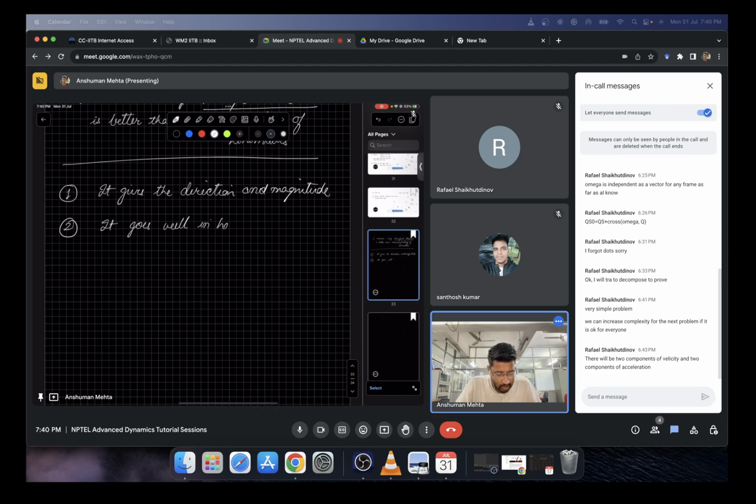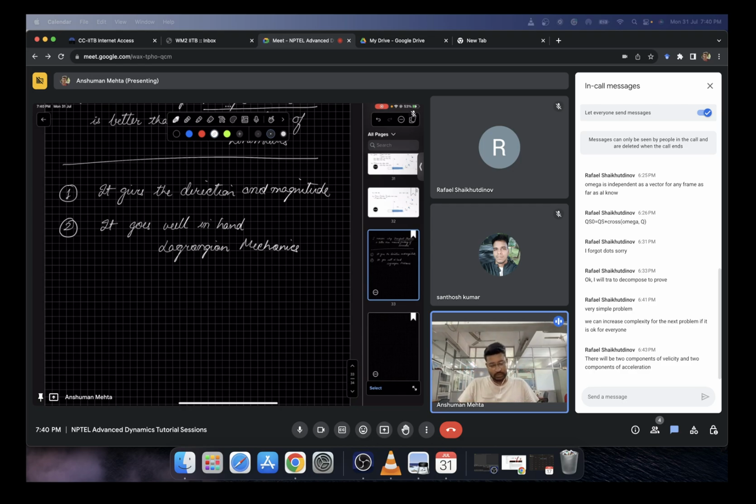Now, what is second is, it goes well hand in hand with surrounding methods like Lagrangian mechanics. Because what happens in Lagrangian mechanics is we track that particle, and if that particle itself is moving, like in my airfoil problem, if that airplane itself is moving, now it will experience some forces.